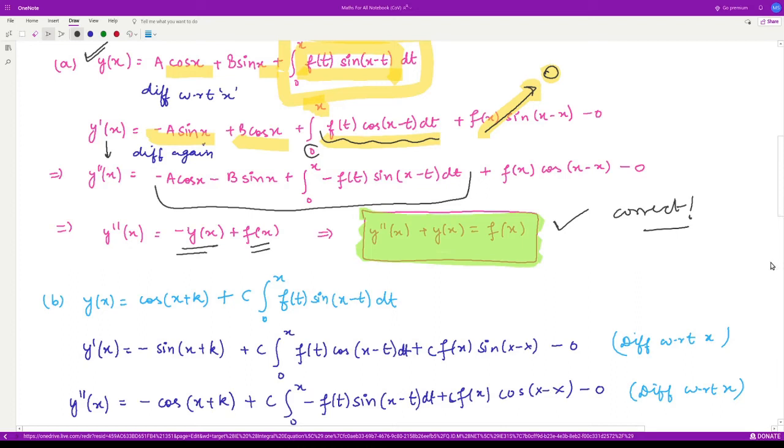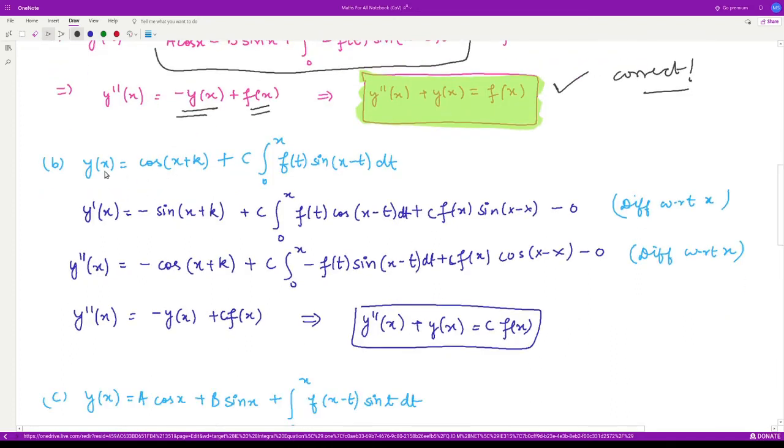So let us look at the second option. In a similar way, we can differentiate this equation also. Y of x would be y dash x, cos of x plus k would be minus sin of x plus k, where k is a constant. So applying the chain rule, the derivative would only be 1 multiplied by 1.